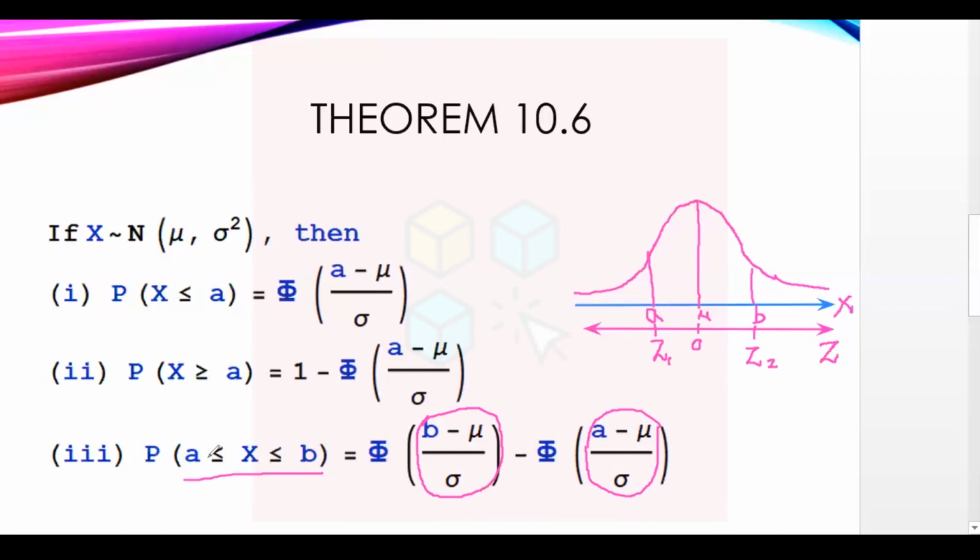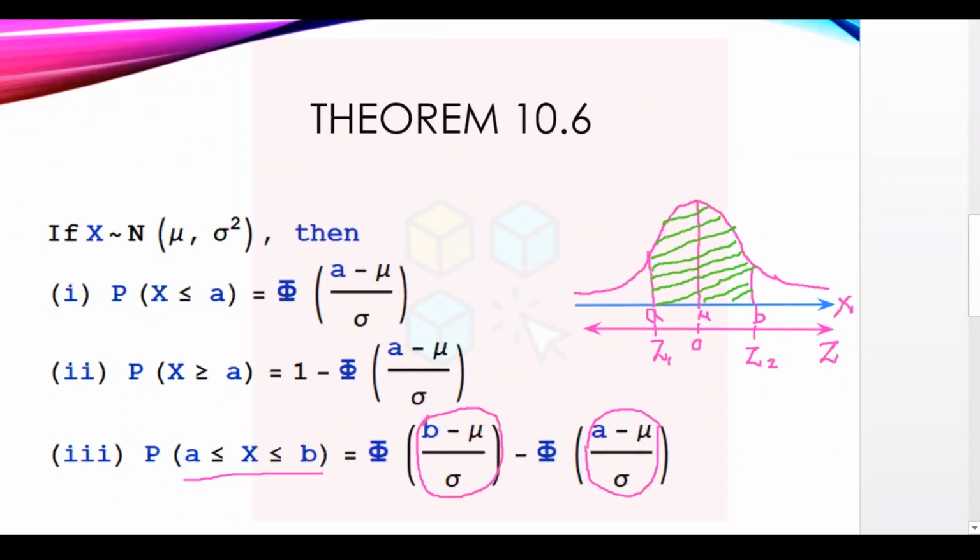So less than sign shows that probability from A to B area would be colored by the green color, for example. And we know that capital Phi, the table gives us the area starting from minus infinity to that point.